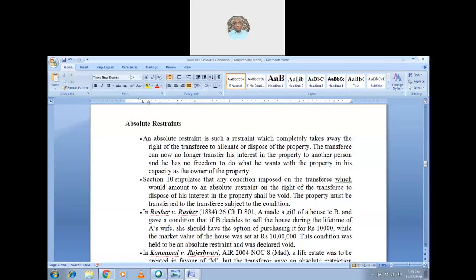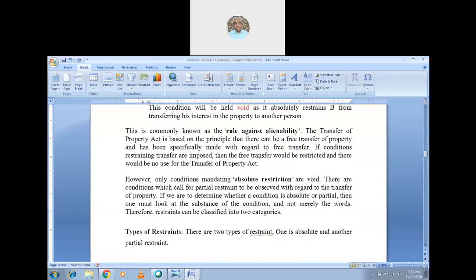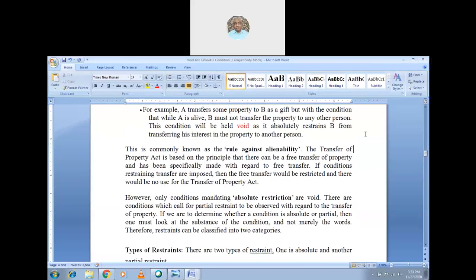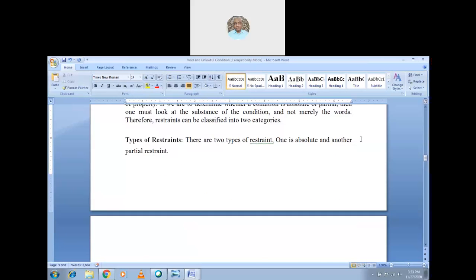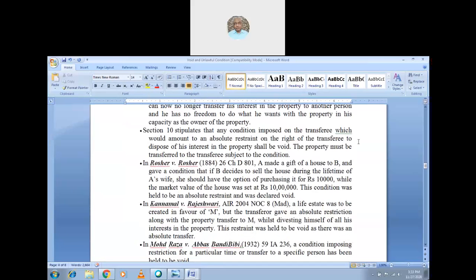The next is the Rocher versus Rocher case law.